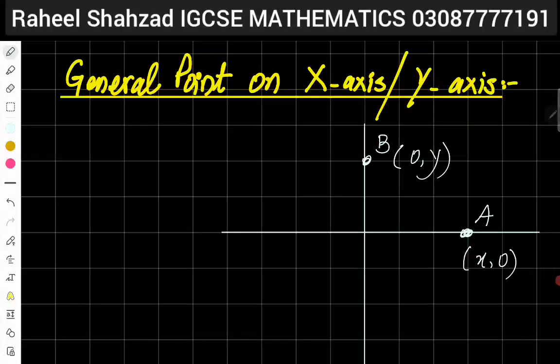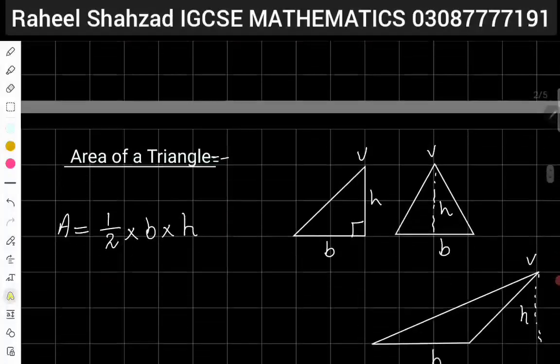Whenever we have a general point on the x-axis, it is understood to be (x, 0), because the y coordinate is 0 on the x-axis, and a point lying on the y-axis will have its x coordinate 0. You can take a as (a, 0) and b as (0, b). That's important information you should remember.